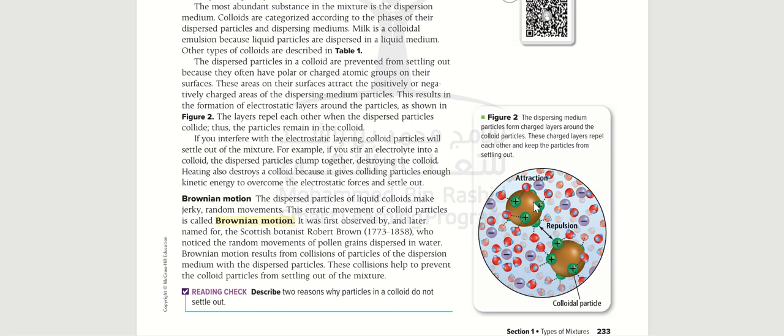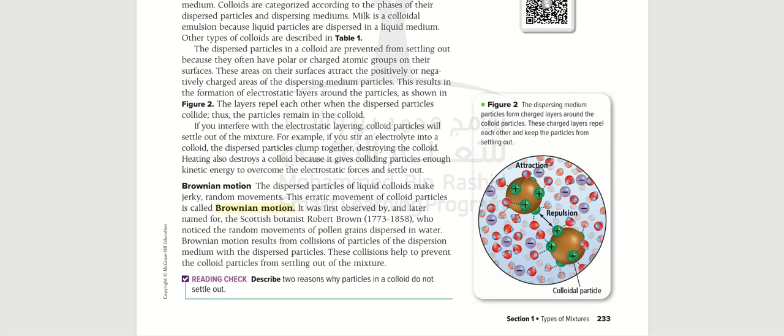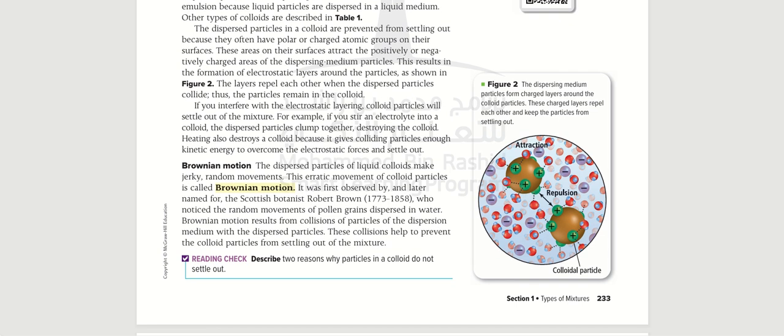Also heating helps to destroy this electrostatic layer. This is one reason why the colloid stays in its appearance and doesn't move. The other reason is the Brownian motion. What is Brownian motion?